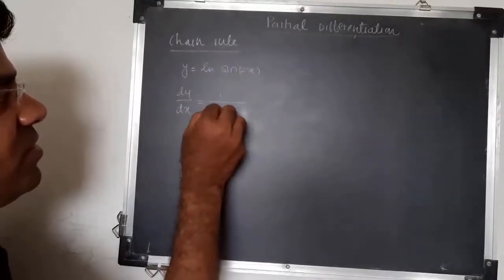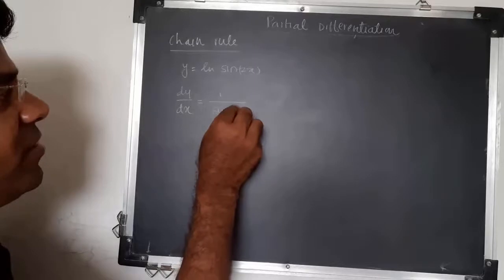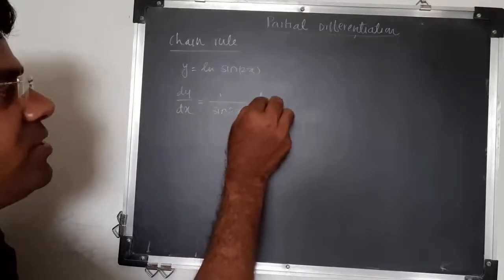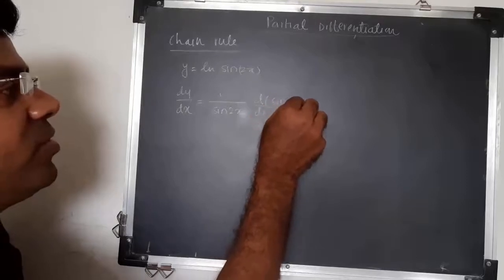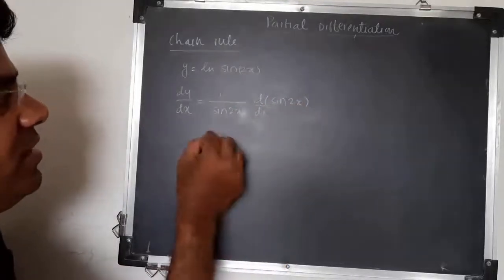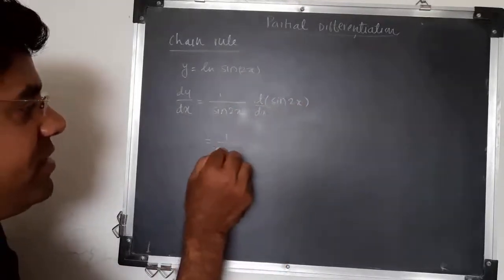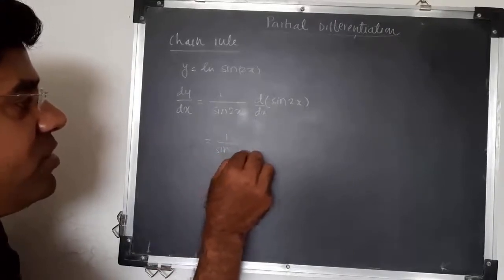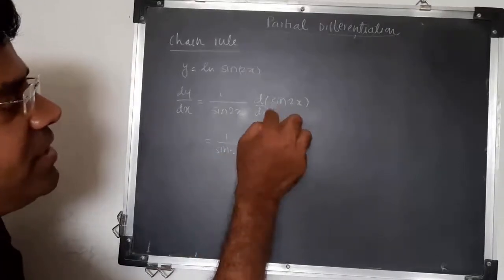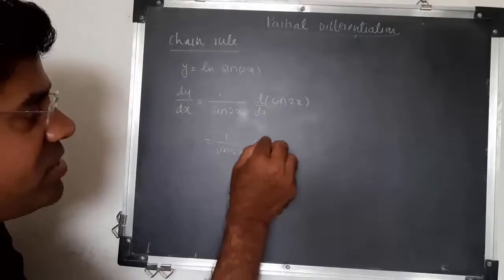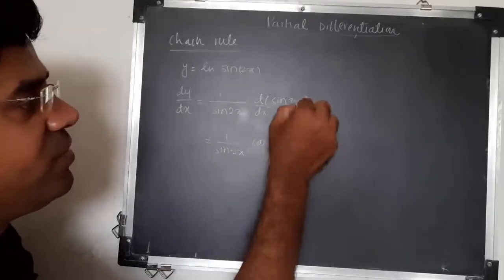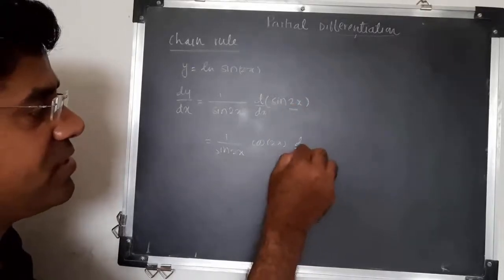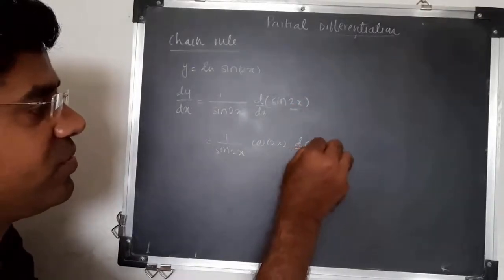So this is 1 upon sine of 2x into d by dx of sine of 2x. Then the derivative of sine is cos, so this is cos of 2x into the derivative of 2x.